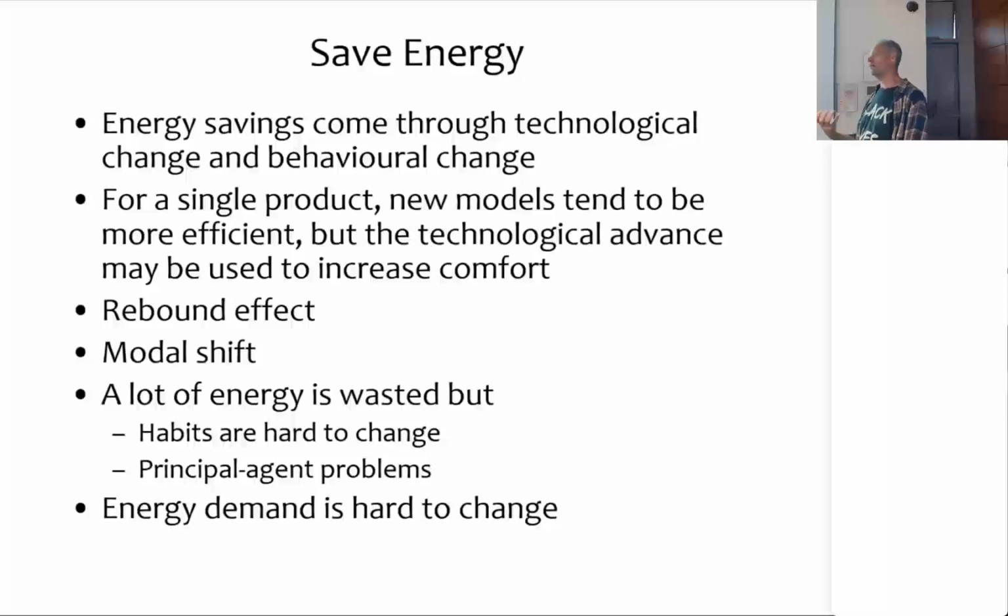So trying to convince people to economize on what many people consider a luxury is actually very, very difficult. This appeals to a small minority of people, but not to a large number.